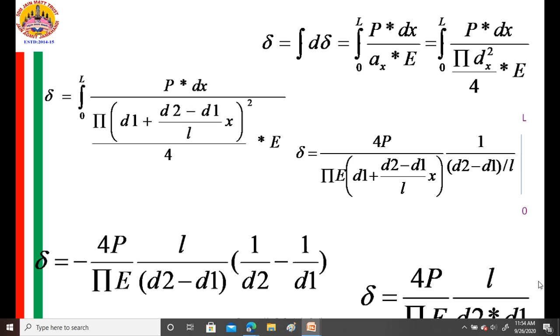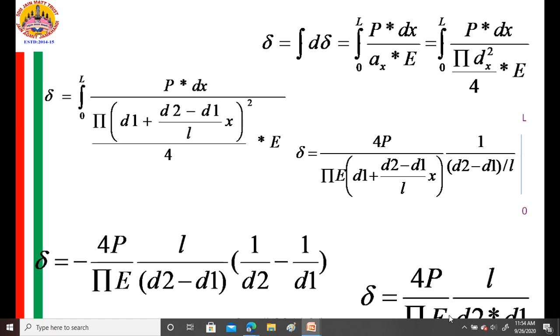Just check whether this formula is right or not, how can you verify it? If d1 equal to d2, what happens to this formula? Just see. If d1 equal to d2, then you are going to get P into L divided by πd square by 4 into E. πd square by 4 is nothing but the area of the circular member.